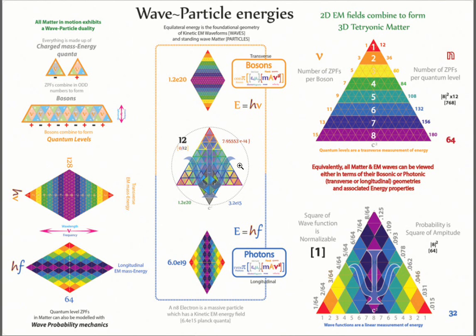Where they combine into square number fields, they have a single equilateral geometry, which of course is a charged geometry, and this geometry applies throughout Tetryonics, whether it's a chem field, the fascia geometry of mass matter, or the dual boson geometries of photons and kinetic energies.